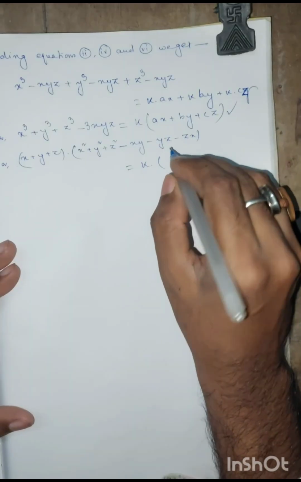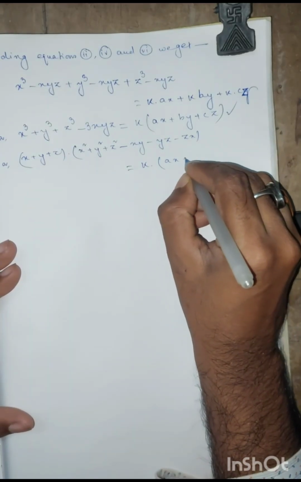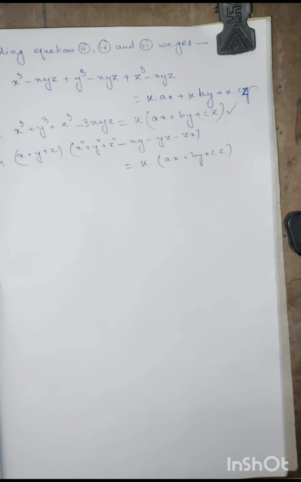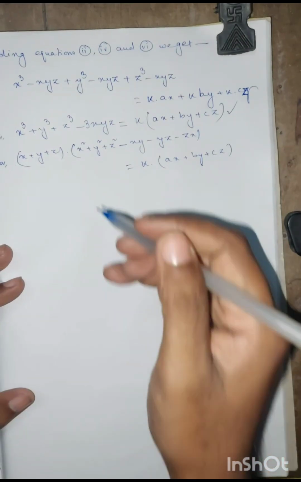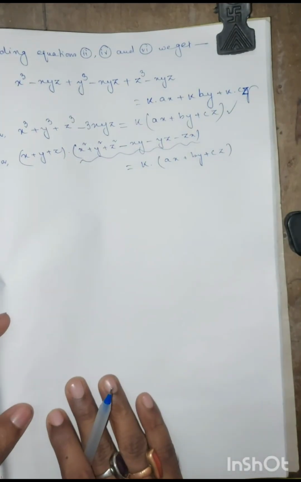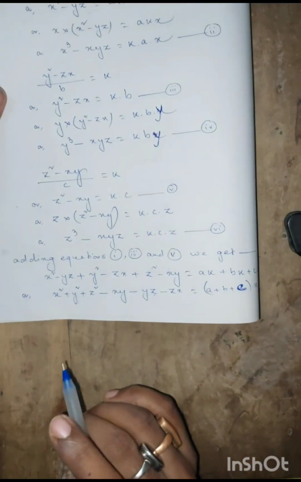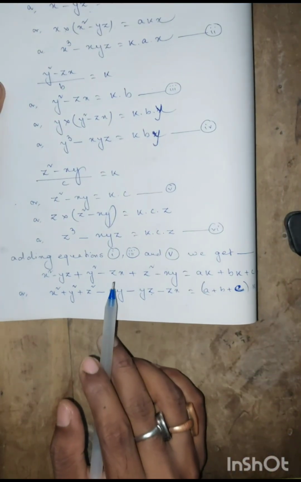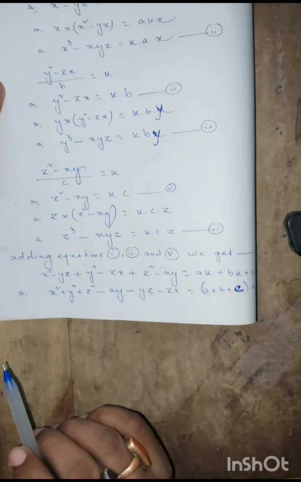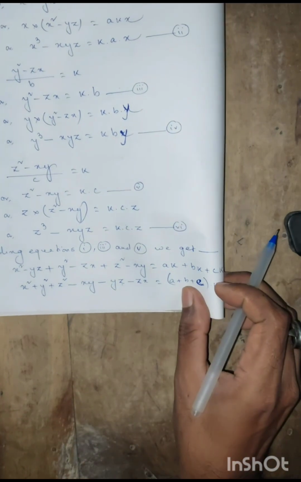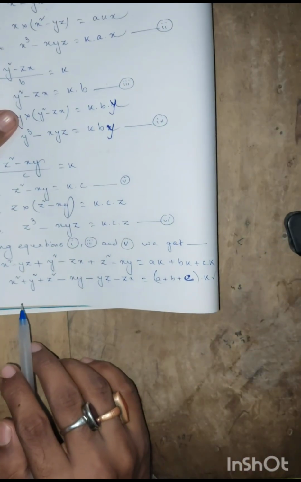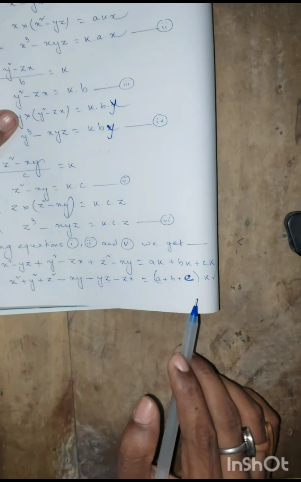So in the right hand side we are having ax plus by plus cz. But we already know the value of it, because when we added equations 1, 3 and 5, we got this equation.